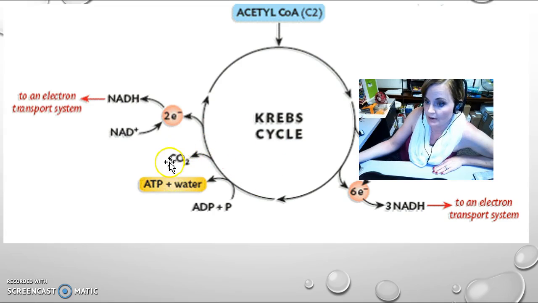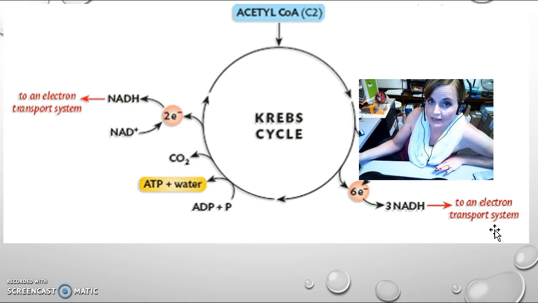Here we have another view of the Krebs cycle. Here you've got your carbon dioxide leaving, your ATP, there should be 2 of them leaving, with water. And you have the NADHs, 1 here, 3 over here. Those are going to the electron transport chain. Yes, you heard me correctly.